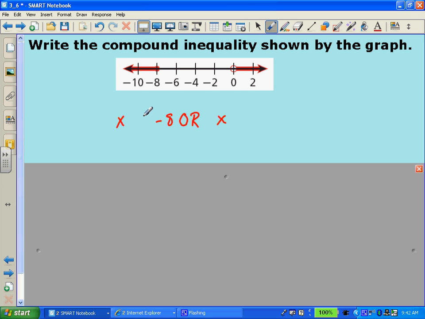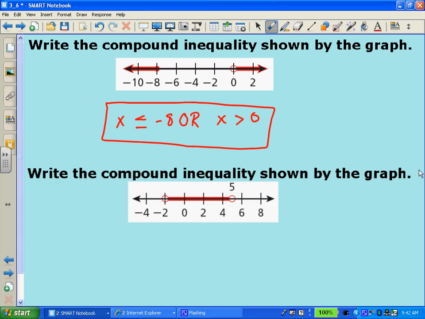So I have -8. It's going to the left with a closed circle. So that must mean it's less than or equal to -8. Over here I'm at 0, and it's an open circle to the right, so that must be greater than 0. So this would be the compound inequality for that graph. And just like in section 1, you will need to draw the graphs on your homework.